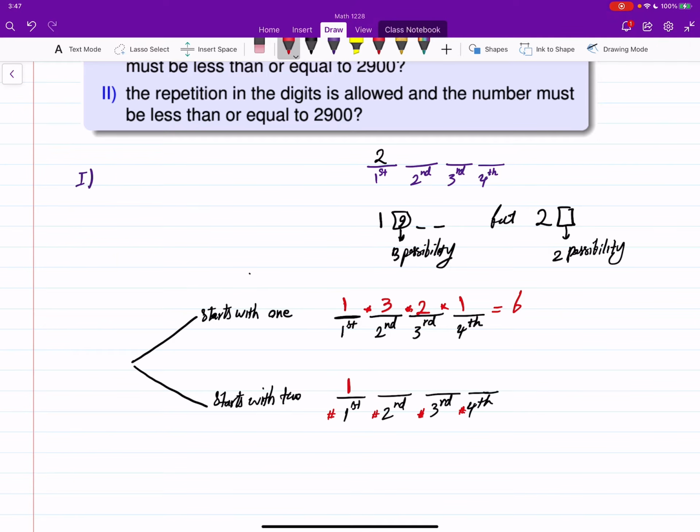For the second one, now, I cannot use 9 and I cannot use 2. Why? Because if I use 9, then the digit after that will come 1 and it will be a number bigger than 2900. So that makes the possible ways for the second digit 2. Why? Because either you can use 0 or you can use 1. Okay. How about the third digit? For the third digit, now I'm allowed to use 9, and I have already used 2 of the digits, other digits.